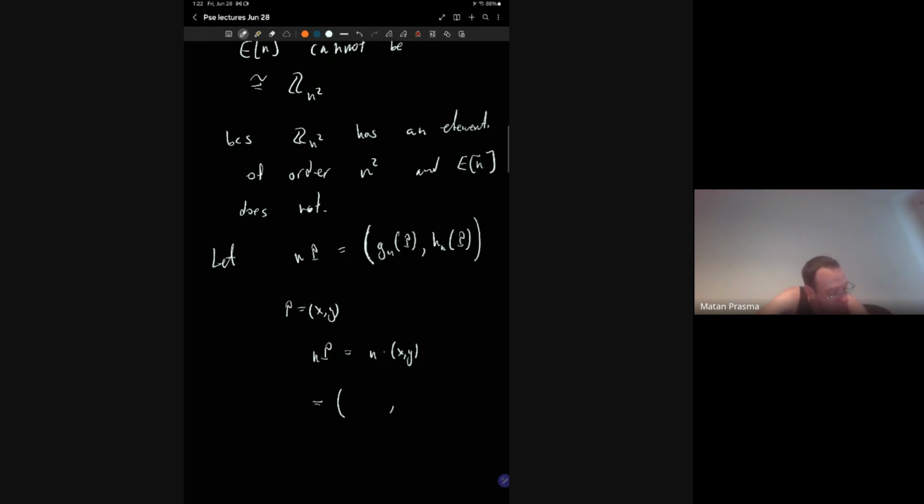So I call it gn(x, y). And in the second coordinate, it's also some function of x and y, right? So it's hn(x, y). So this is my notation, and we want to understand gn and hn.